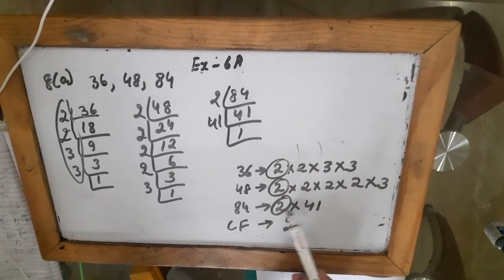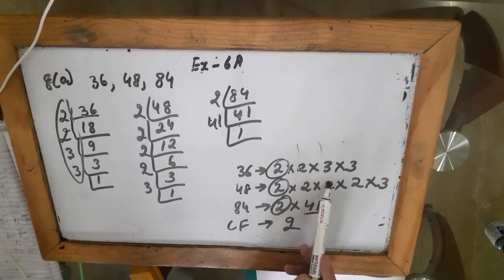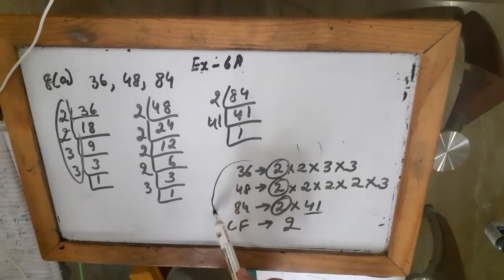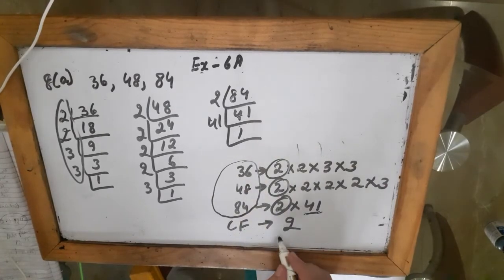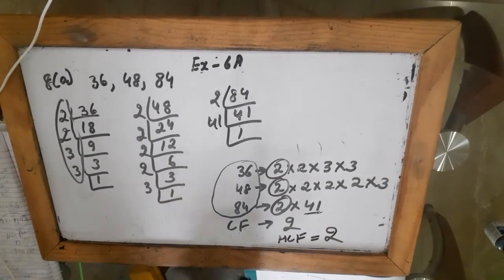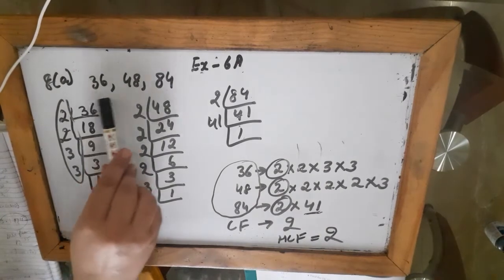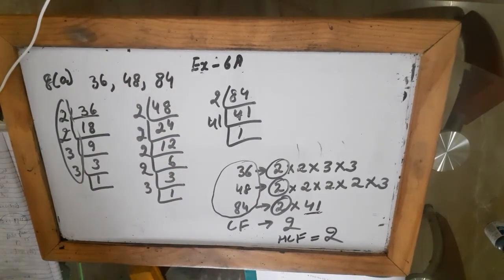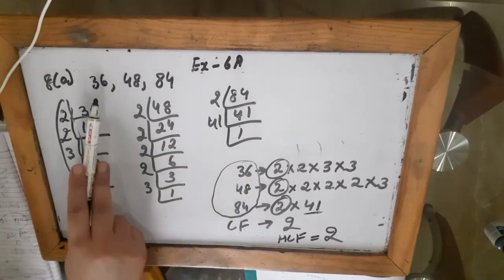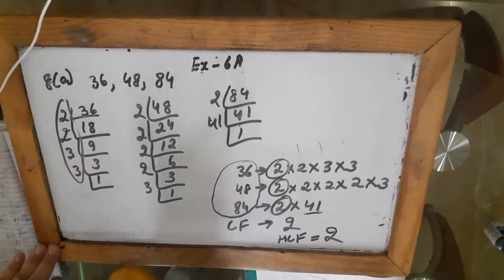Here the factors are finished, and here you have 41, where here you don't have any 41, so I cannot take 41 also. It means 2 only is the common factor in all these three numbers, so HCF also will be 2 only. So it is the greatest number which is a factor of all these three numbers. 2 is the highest common factor of all these three numbers.